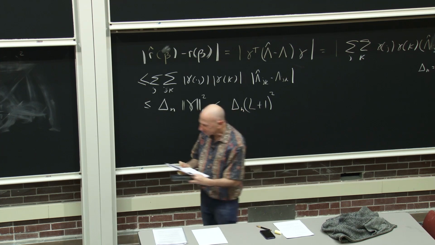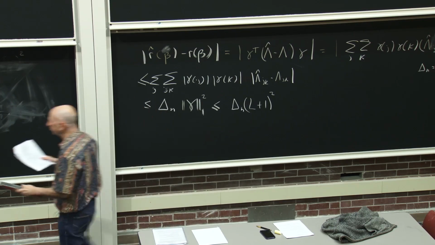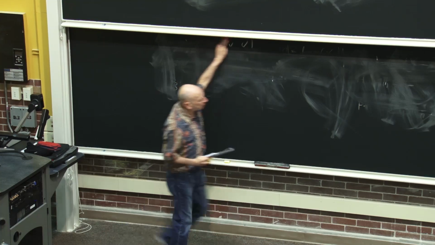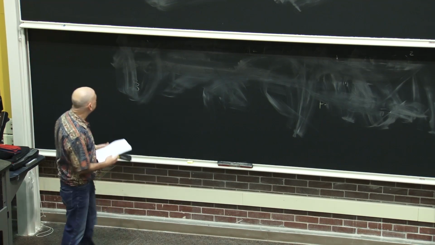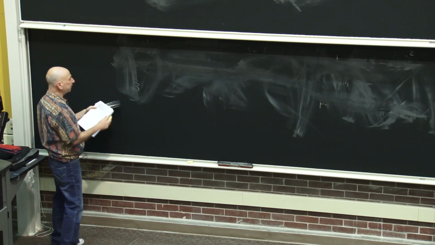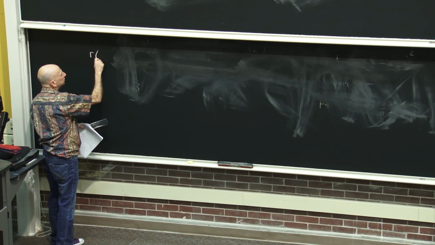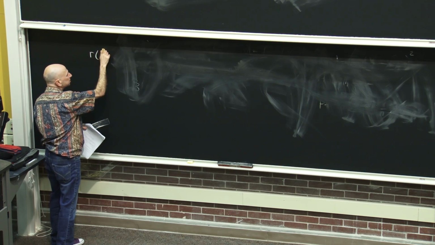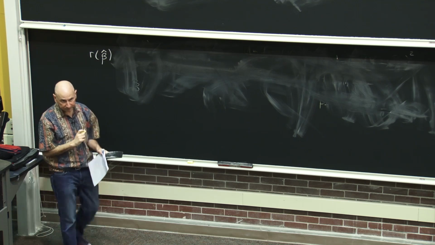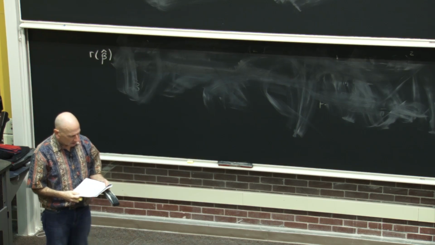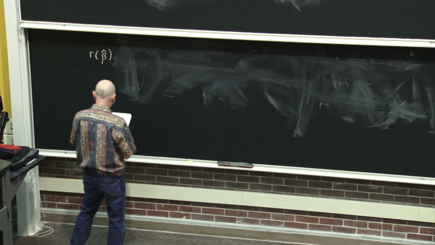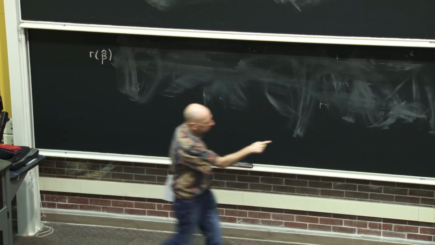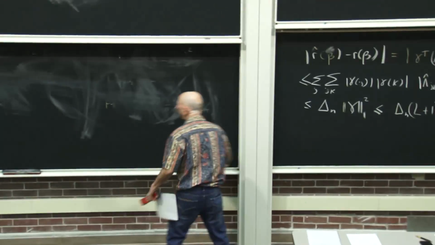Okay. Before we bound delta n, though, let's bound the risk now. So we're going to use a string of inequalities that we've used before for bounding risk, which is the following. Very, very simple but useful thing. We're interested in this. We just figured out how far apart r and r hat are.